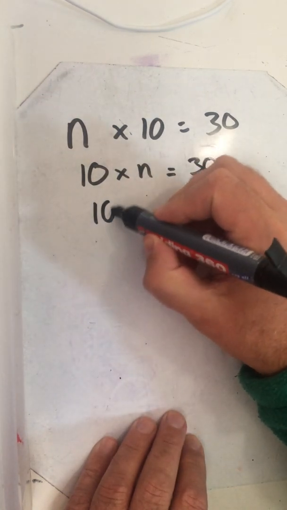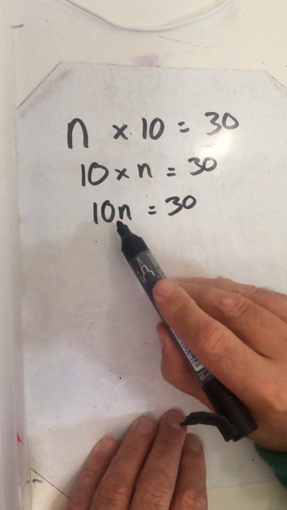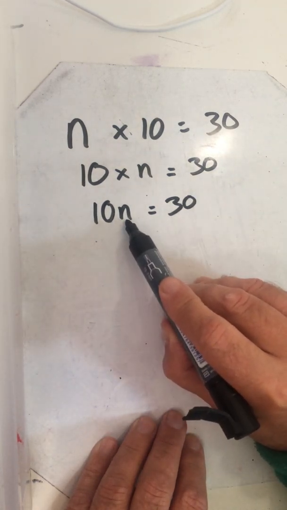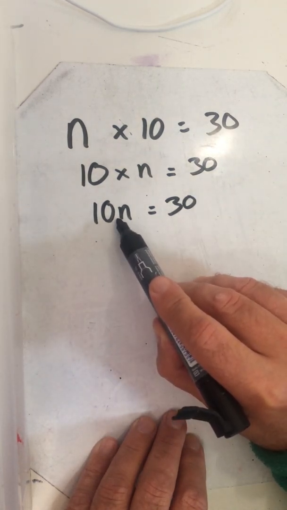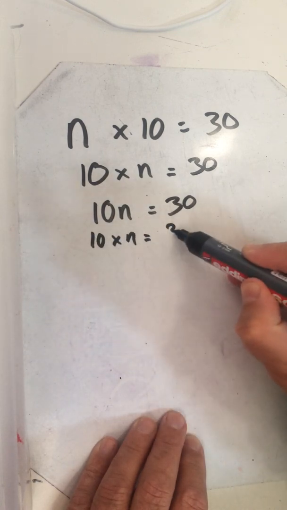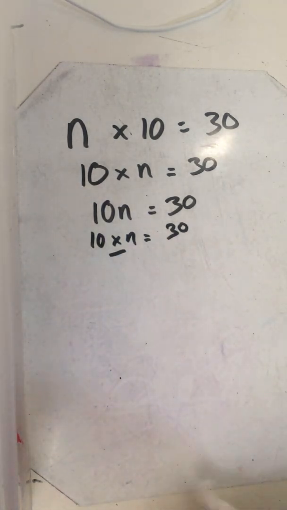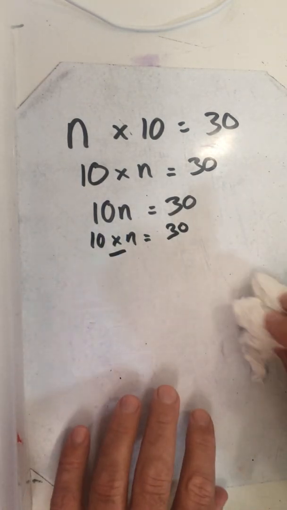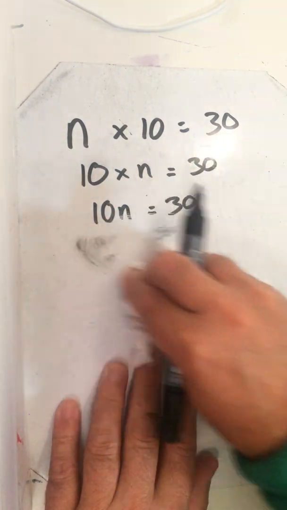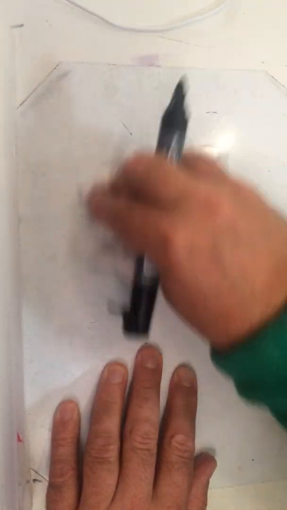So 10n equals 30 is how you express it, because between the number and the letter there is an invisible times sign. So that is 10 times n equals 30. In algebra you never see a times sign, believe it or not.